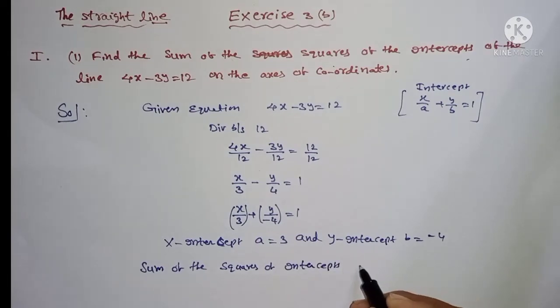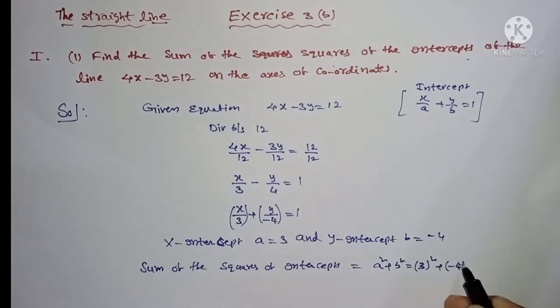How can I write that? It is a square plus b square. That is 3 whole square plus minus 4 whole square, which is 3 square is nothing but 9 plus 4 square is nothing but 16, is equal to 25. Therefore, the answer is 25 only.